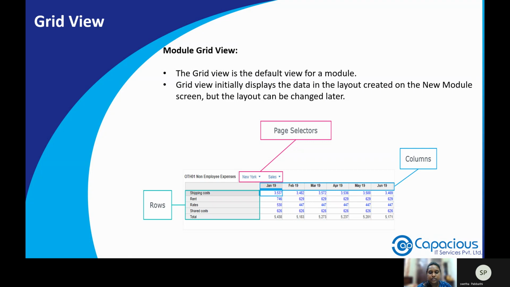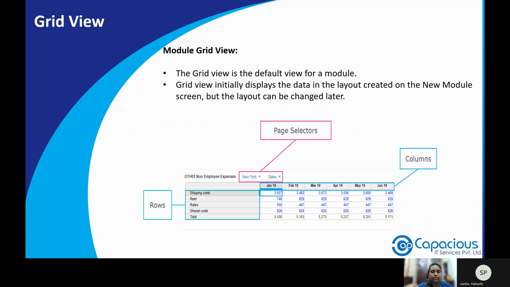Once we set the dimensions in the pivot table, it will be displayed in exactly that format. If we need to change any dimensions or layout, we have to pivot it first, and then save the module, then the layout will be changed.